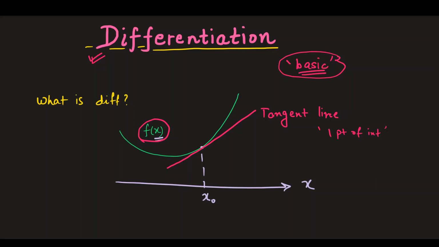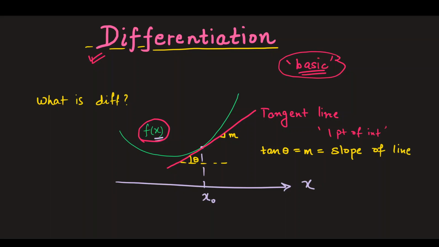Now, differentiation in this case is the slope, that is this theta, the slope of this line. Let's say the slope of this line is m. By the basics of coordinate geometry, we know that tan of theta is equal to m, which is equal to the slope of the line.